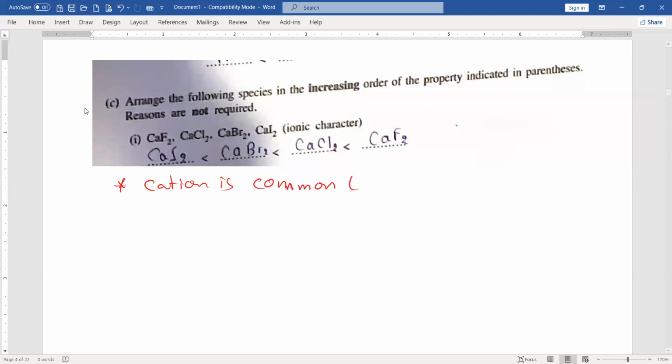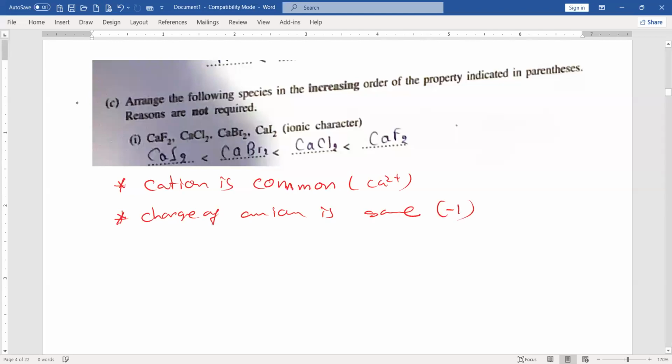Then the charge of the anion is also the same.